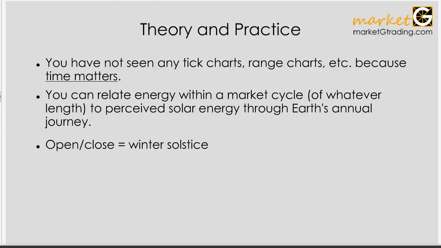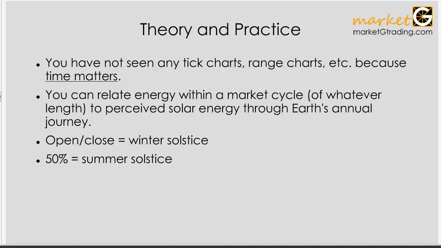The open and close are the winter solstice. The 50% midpoint of the cycle is the summer solstice, and the 25 and 75% levels are the equinoxes.